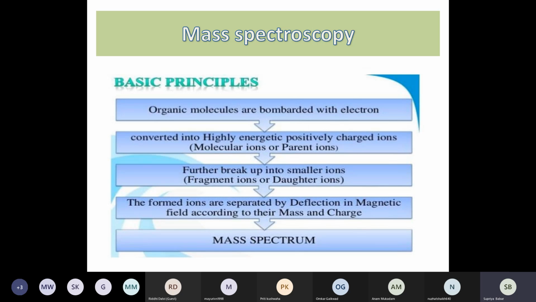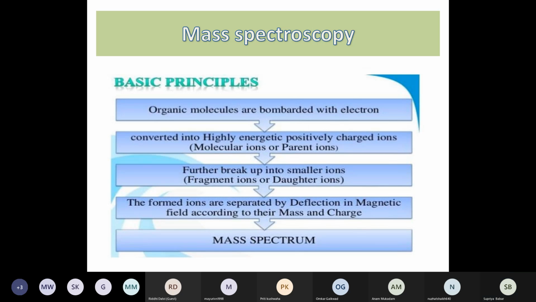So the energy required for breaking the bonds of organic molecules is normally less than this energy. Normally the energy of the electrons is 70 electron volt, which comes to 1600 kilocalorie per mole, which is far higher.